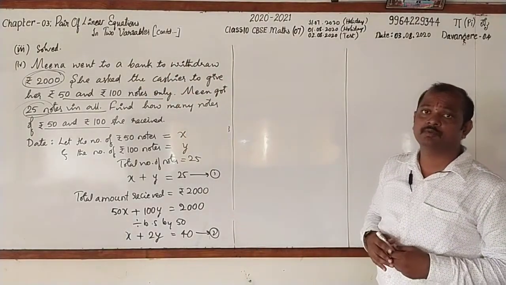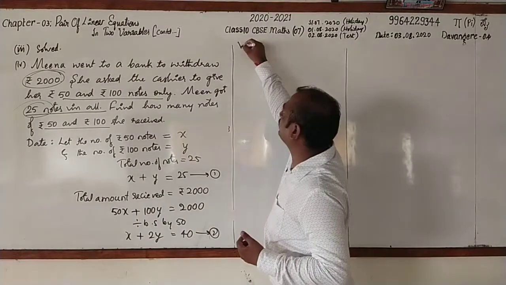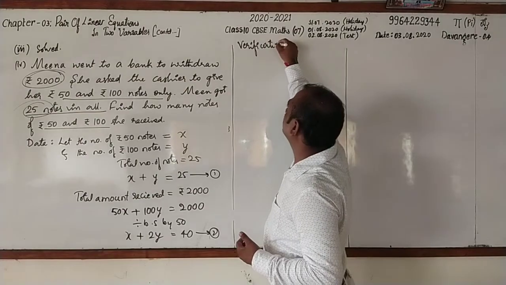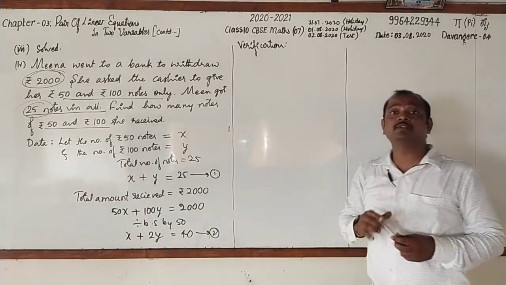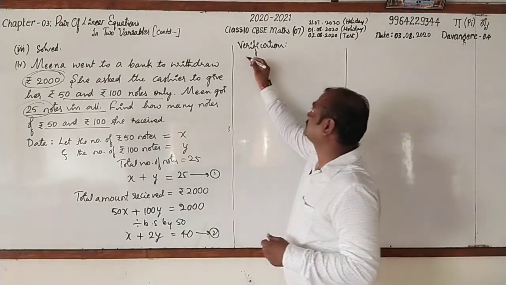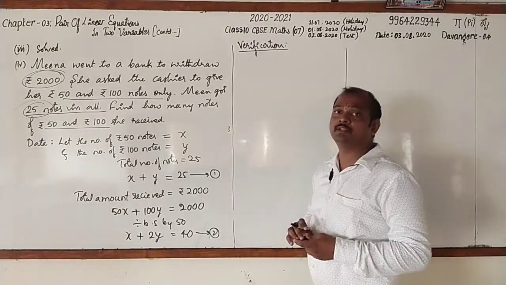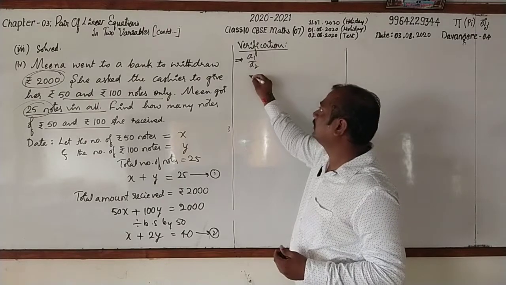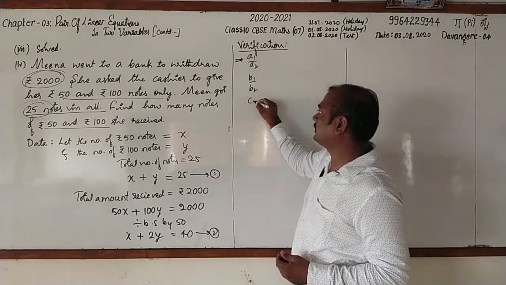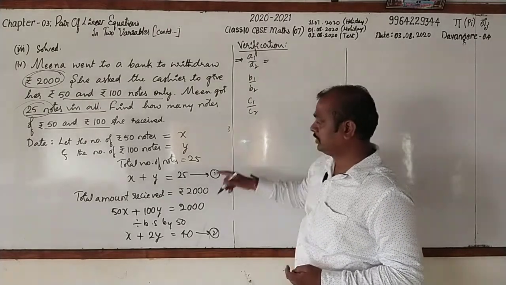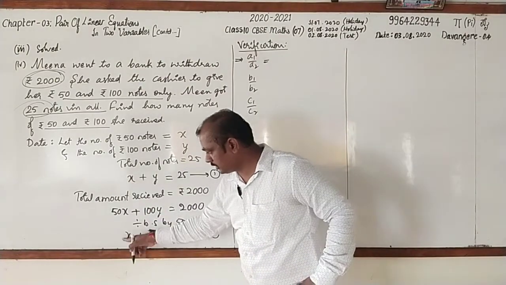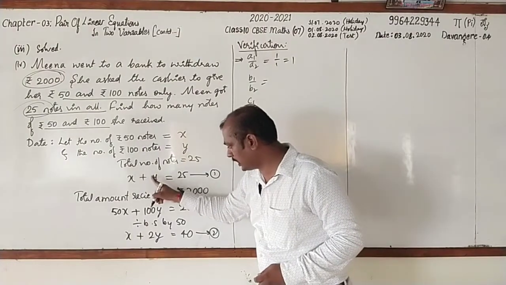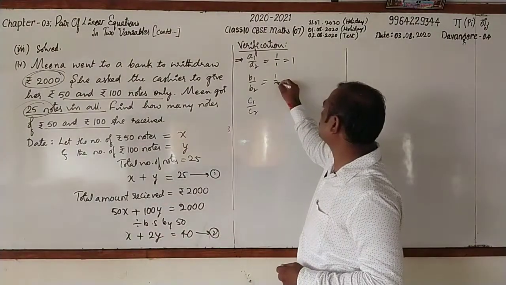What is the next step? We are going to verify. What are you going to verify? Yes, whether the solution exists or not. How do you go for verifying that? By finding the ratios a1 by a2, b1 by b2 as well as c1 by c2. What is a1 by a2? 1 and here 1. 1 by 1 is 1. b1 by b2, 1 and it is 2. It is 1 by 2.